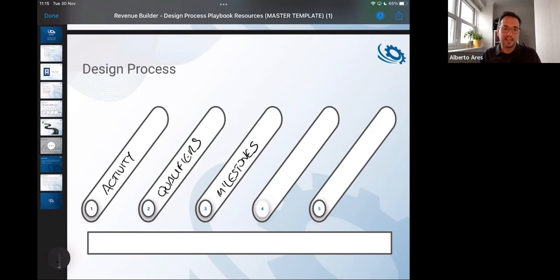For instance, a qualifier could be asking the prospects about the problems that they're facing, but then a milestone would be, do you know, or have they told you, which problems they are facing specifically? Or have they told you that those are problems that you have solutions for? So kind of yes or no questions, black or white.